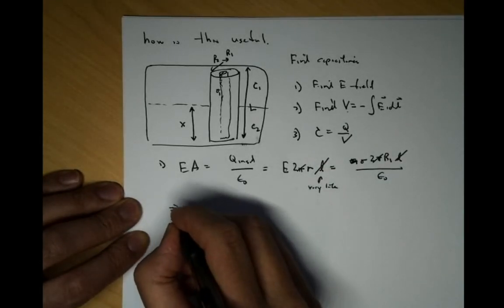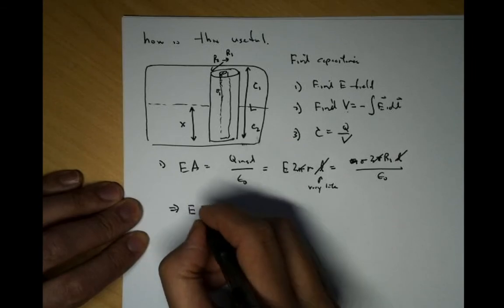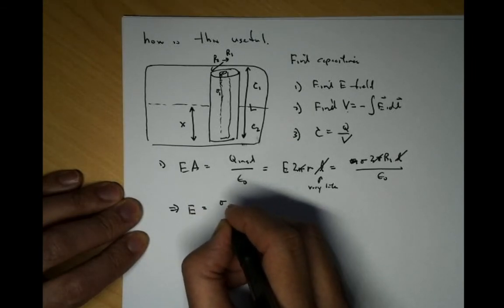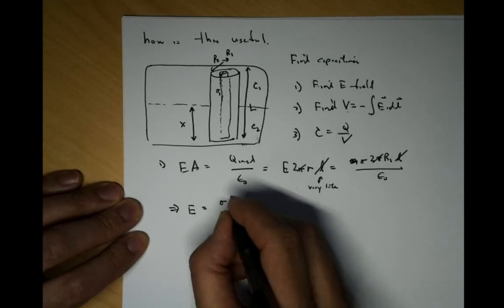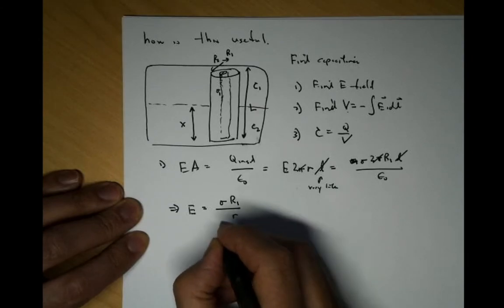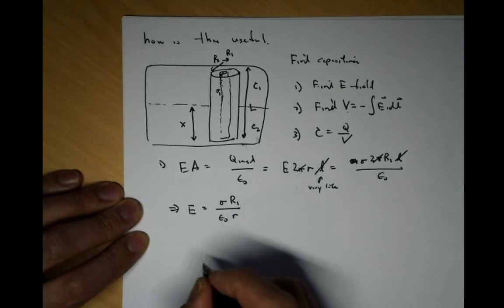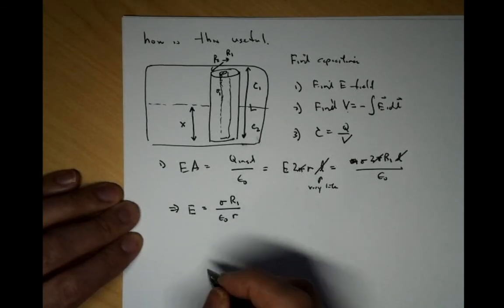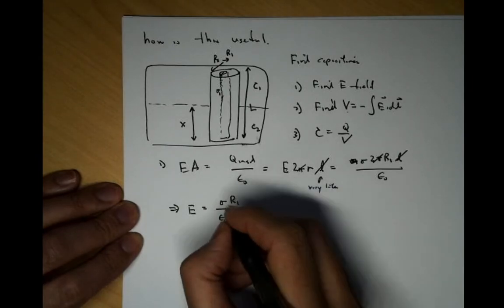And so you get something very simple. E is equal to sigma R1 over R times epsilon naught. That's right. Perfect. Good. Okay, so that's basically the first thing.